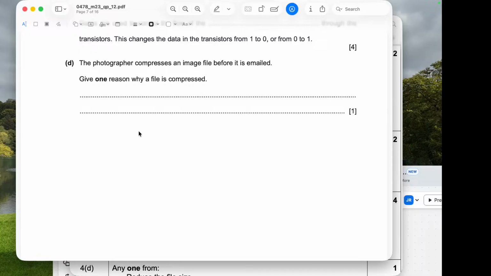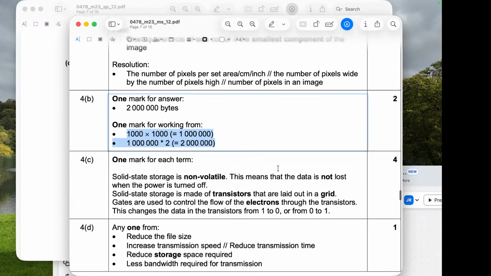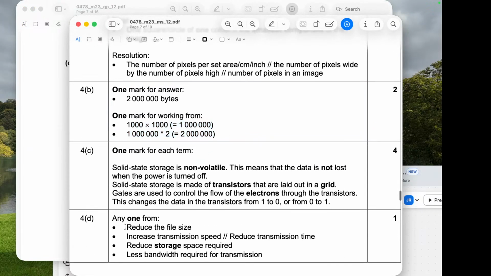It's basically to make it smaller in storage size. So to reduce the file size, to increase transmission speed as well, reduce the storage space required, or less bandwidth required for transmission. Any one of those, but really it's just to make it smaller.